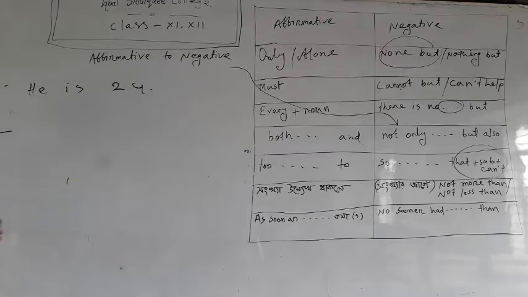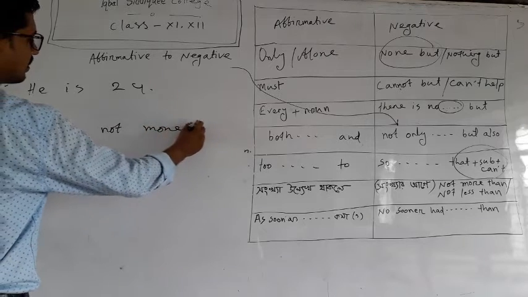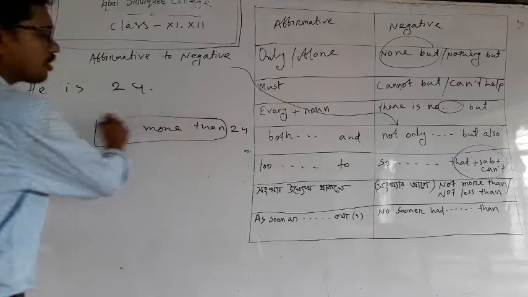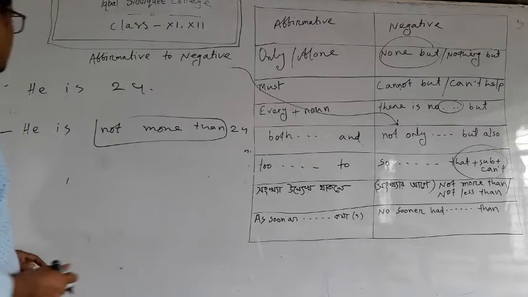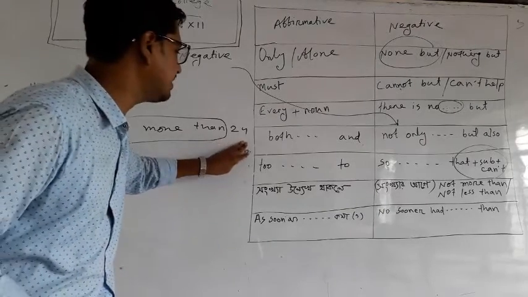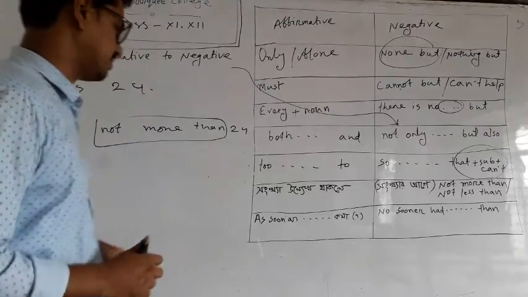It is 24. So we make it "he is not more than 24". You can also use "not less than" here as well. So we just use "not more than" or "not less than" before this number. I think you can understand.